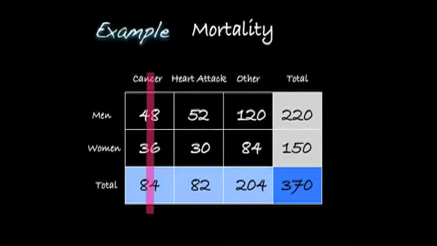If we look at the cancer column and the woman row, we'll discover that 36 women died of cancer out of 150 women. So 36 divided by 150 will answer the question, or the likelihood of dying of cancer, given that you were a woman.